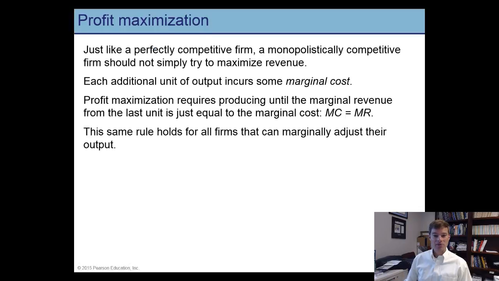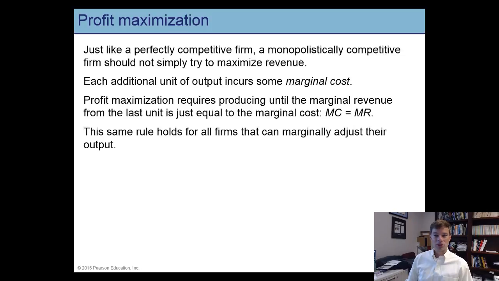The profit maximization rule for a monopolistically competitive firm is going to produce that quantity of output where marginal cost equals marginal revenue. Intuitively, the monopolistically competitive firm is going to produce all of the units that are profitable that have a marginal revenue that's greater than their marginal cost.